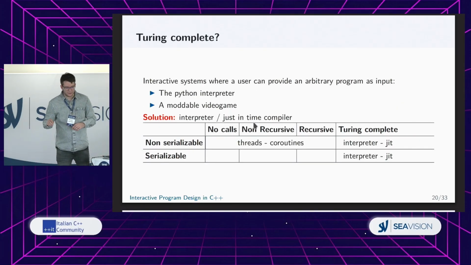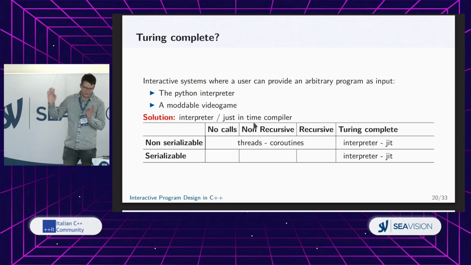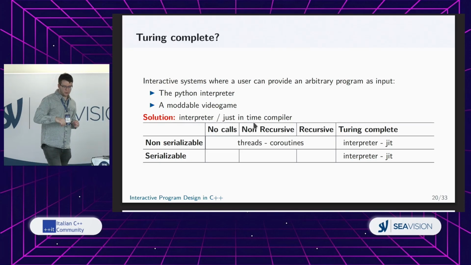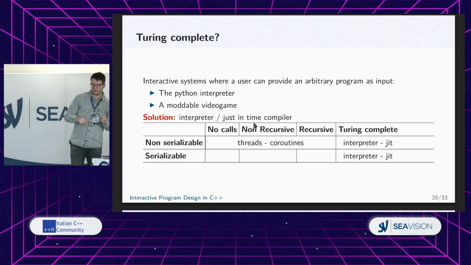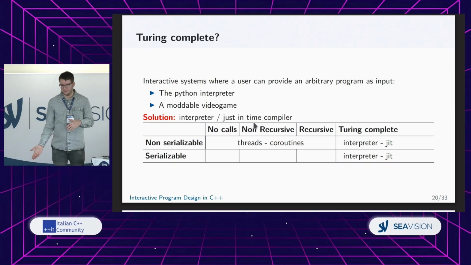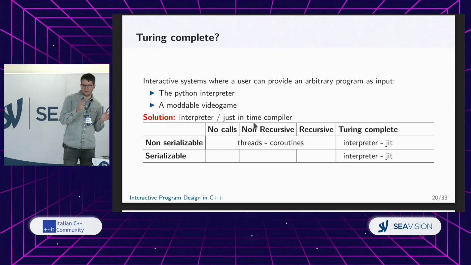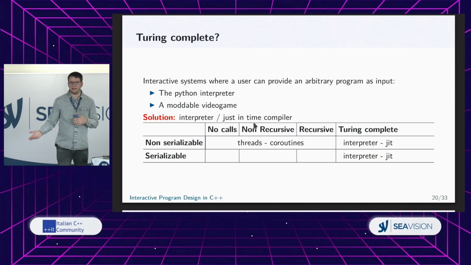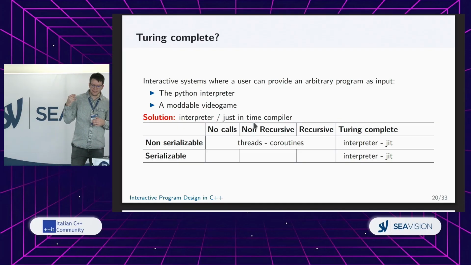Okay, let's talk about Turing-complete interactive programs, because it's very quick. Turing-complete interactive programs are interactive systems where the user can provide any arbitrary program as an input to your system. The Python interpreter is a Turing-complete interactive program because you can provide any Python program to the interpreter.